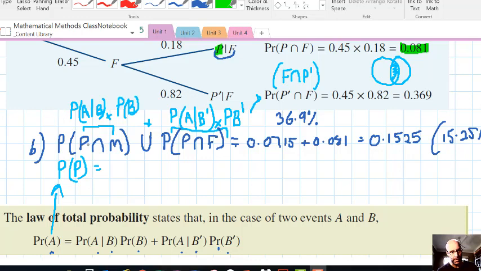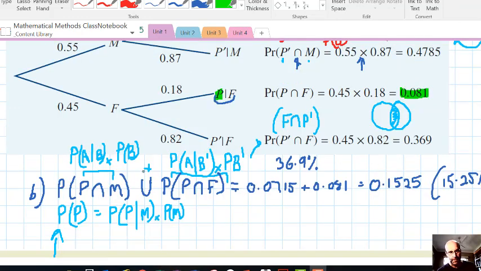So you can see the intersections we've got by using the multiplication rule, which I've just put up there in light blue. And so for the symbols we've got probability of P, the people who prefer maths, is probability of preferring maths given male times the probability of male, and then union means plus.